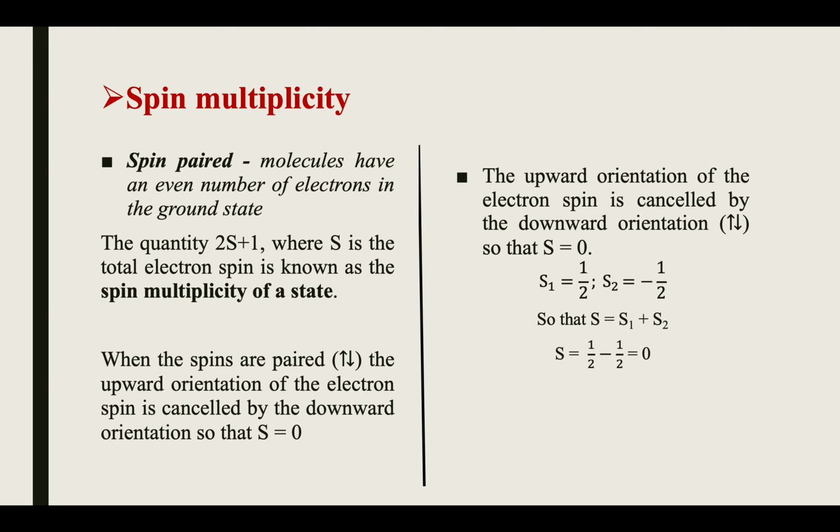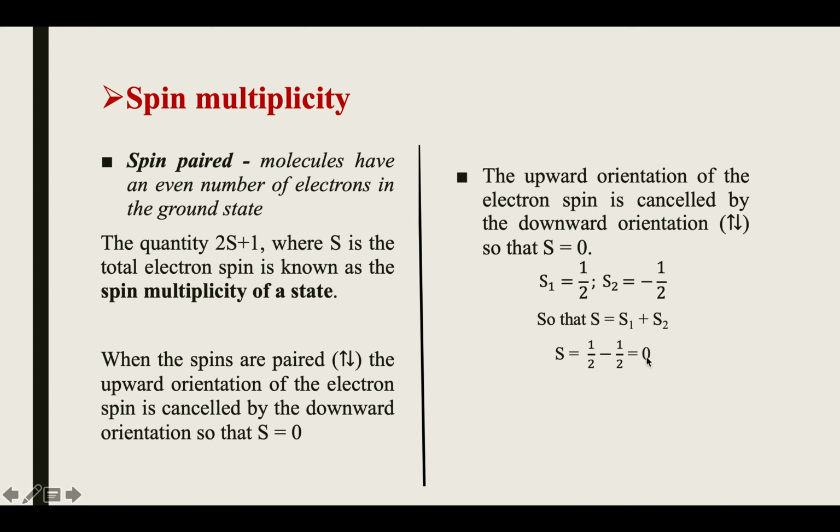For the upward arrow we denote plus half, and for the downward arrow we denote minus half. So capital S equals s1 plus s2. If you add these two spin states, we get 0.